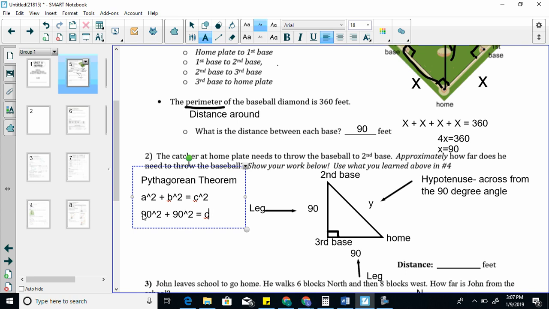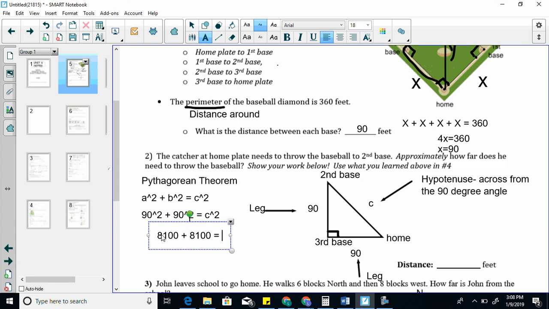I don't really care which one you use. We can change this if you even want, guys. I'm going to calculate this, and I get that 90 squared is 8100, plus 8100 equals my c squared.